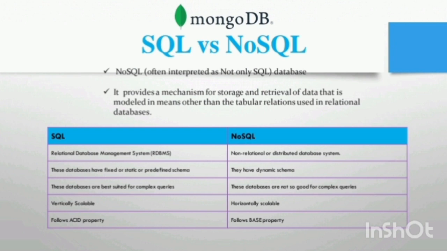Choosing what is best, SQL or NoSQL. Let's see some points before we choose. Choose SQL if your application requires complex queries and transactions, you need ACID compliance for data integrity, and your data structure is unlikely to change frequently.